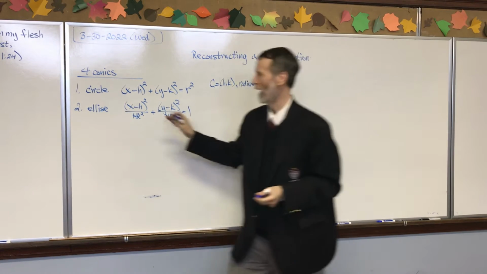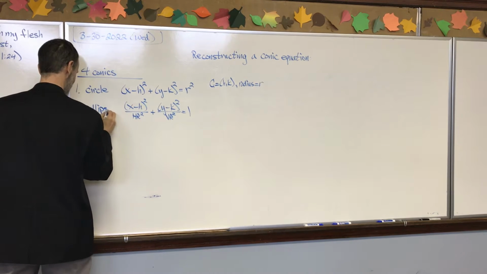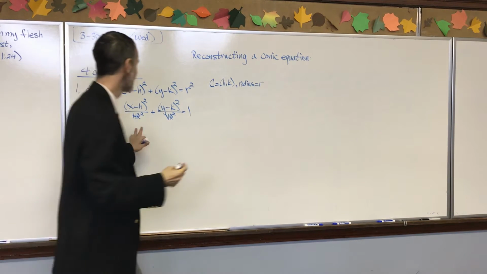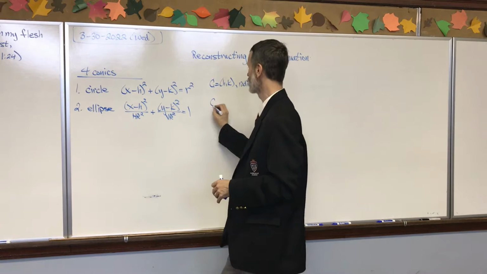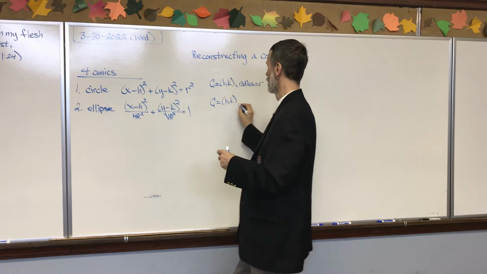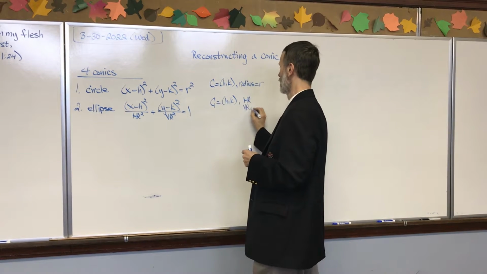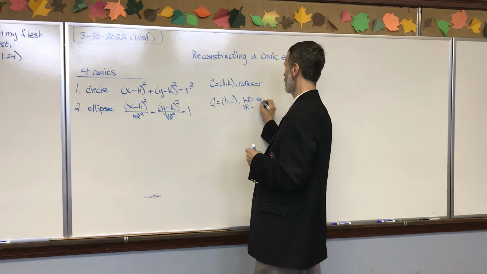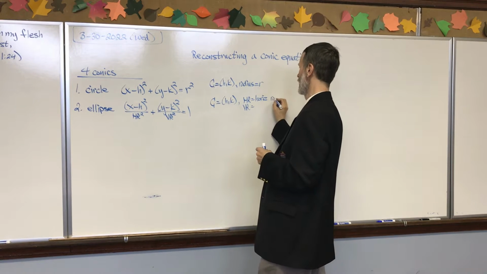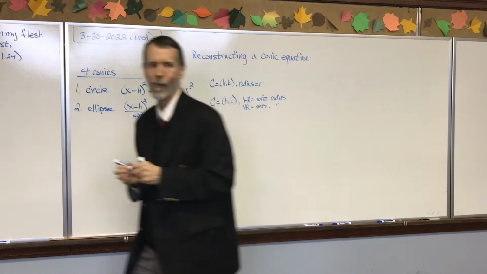With an ellipse, the center is still h comma k. HR and VR are the horizontal radius and vertical radius.